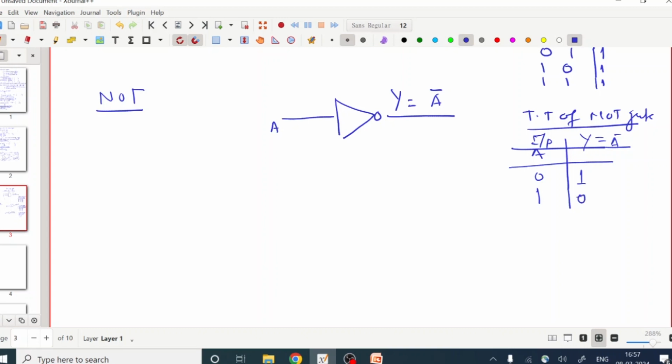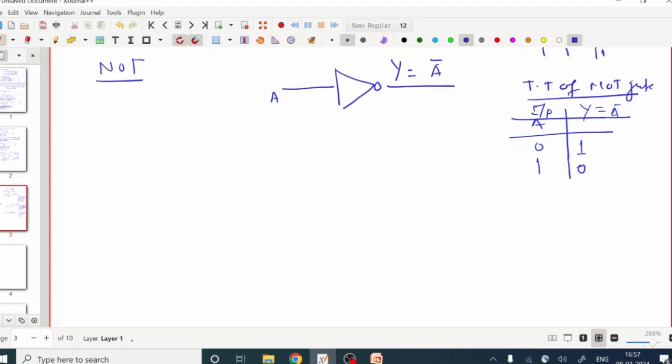So when a low input is supplied, the NOT gate output is high, and when a high input is supplied, the NOT gate produces a low output. This is the truth table of the NOT gate.